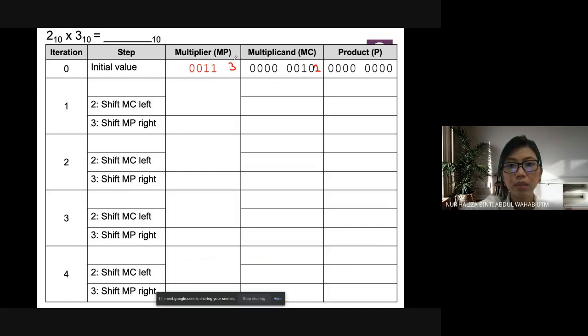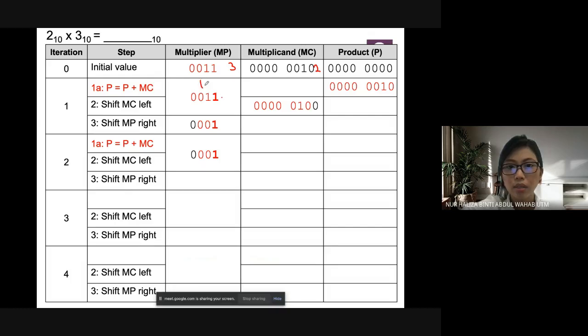This is decimal, and this one is in binary. So the first step, you are going to see that you get 0011. So P plus MC. So what happened? The MC over here, you will add, so you will get your product.